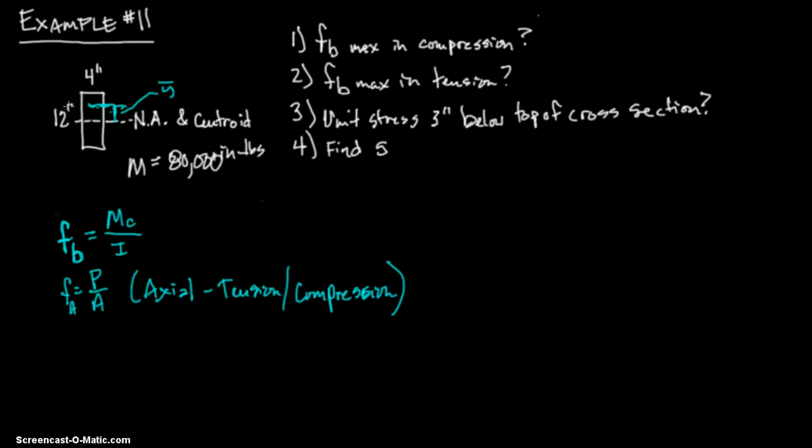C is the distance from your neutral axis to the extreme fiber, the furthest away from your neutral axis, your top. So that's going to be 6 inches. So MC over I or MY over I, you will remember both of them, but the concept is the same: your moment times the distance away from the neutral axis divided by your moment of inertia.